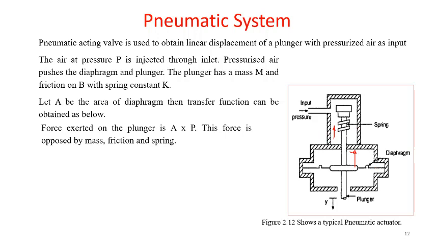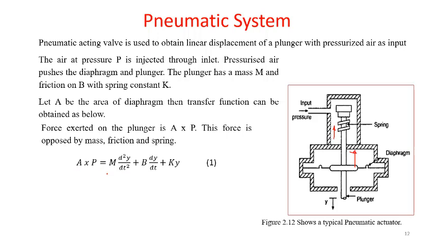And the friction part, as I've told you, the air also will be getting compressed, trying to come out and release, that also will be resistance, acting as a friction. So the applied force is A into P, which is from the input side.